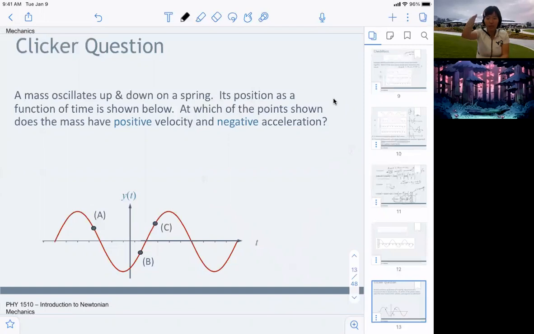That can give you an idea of which way the acceleration is pointing. Also, to figure out the velocity, you want to see the slope of your position graph, which gives you velocity. So a positive slope will give you a positive velocity, and a negative slope will give you a negative velocity.